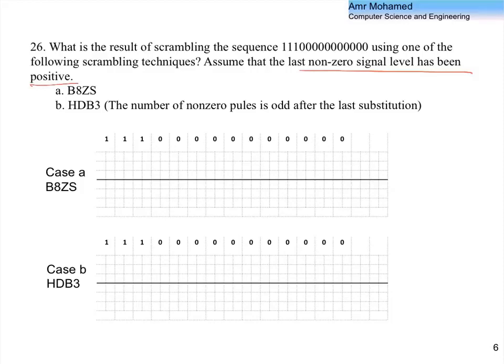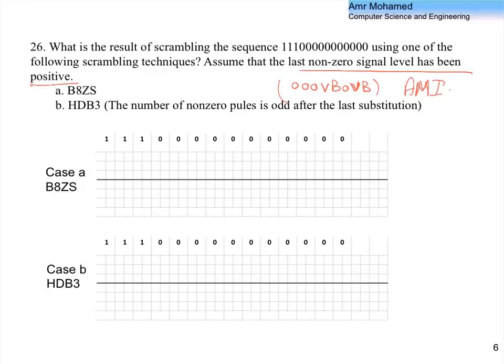So remember, for B8ZS, we substitute each 8 zero bits with the pattern 0, 0, 0, then violation V, B, 0, violation V, B. This is for, of course, AMI, the alternate mark inversion.